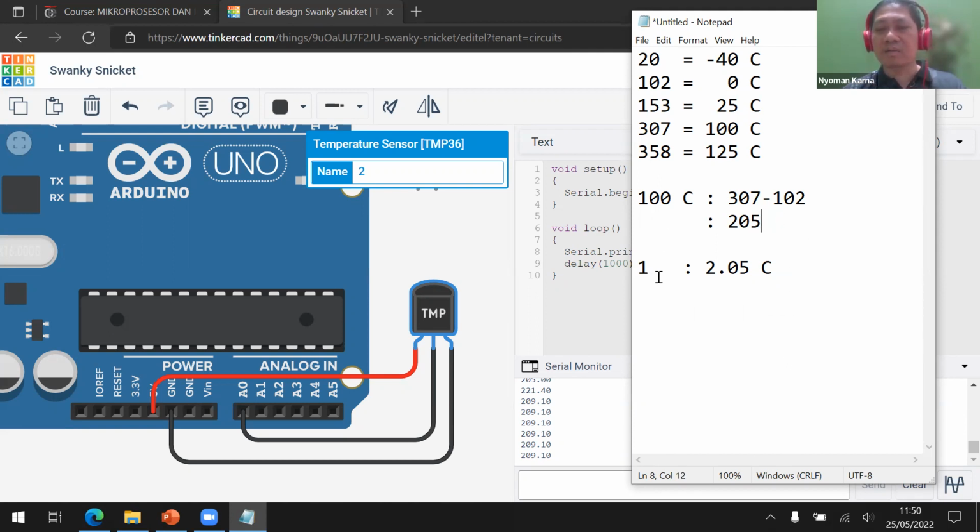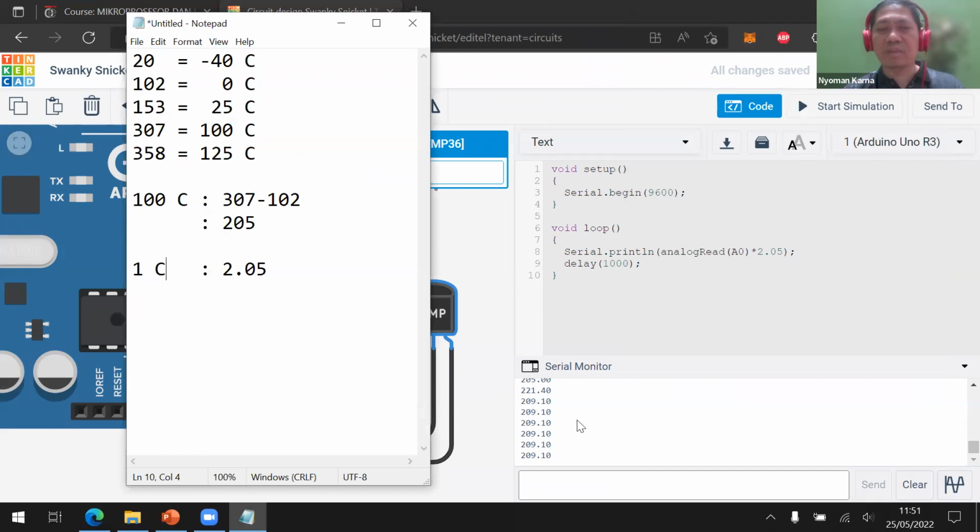So 1 degree Celsius is comparable to 2.05. So if we want to convert the value in here to become degrees Celsius, we need to divide using 2.05.